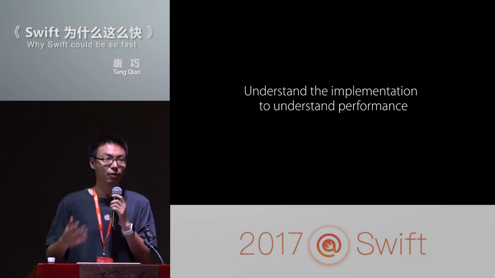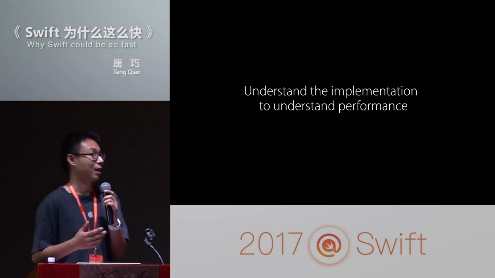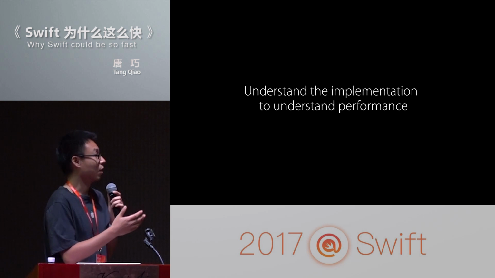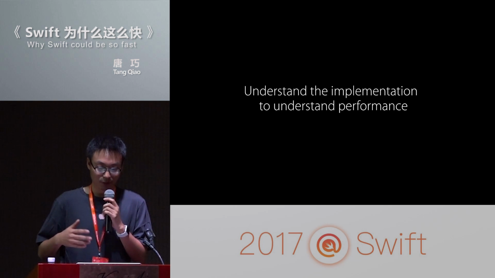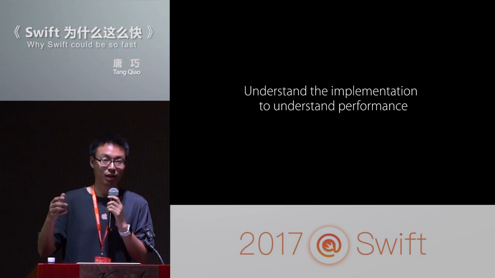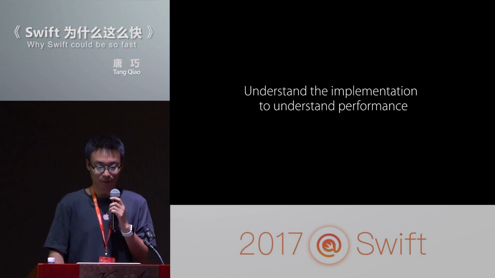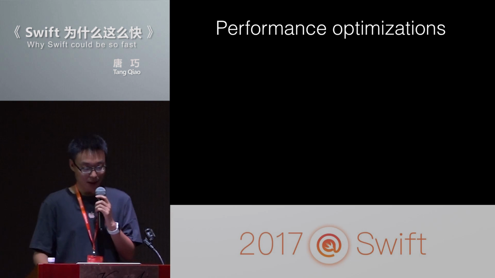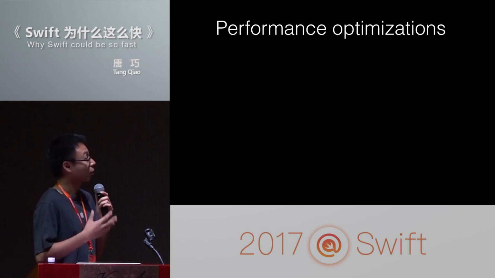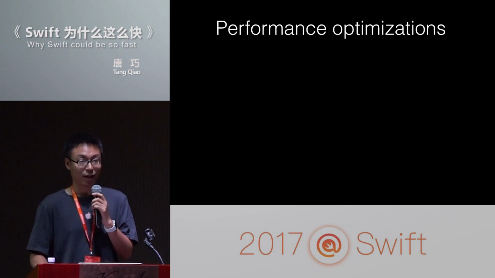I think the best way to understand this is to understand the implementation of Swift. If we can understand the internal implementation, we can understand the performance result easily. There are many optimizations Swift has used.